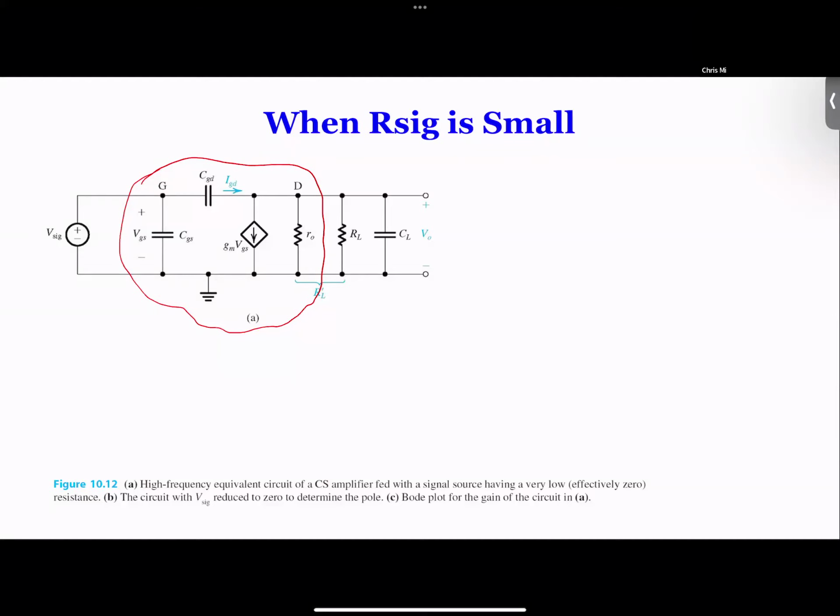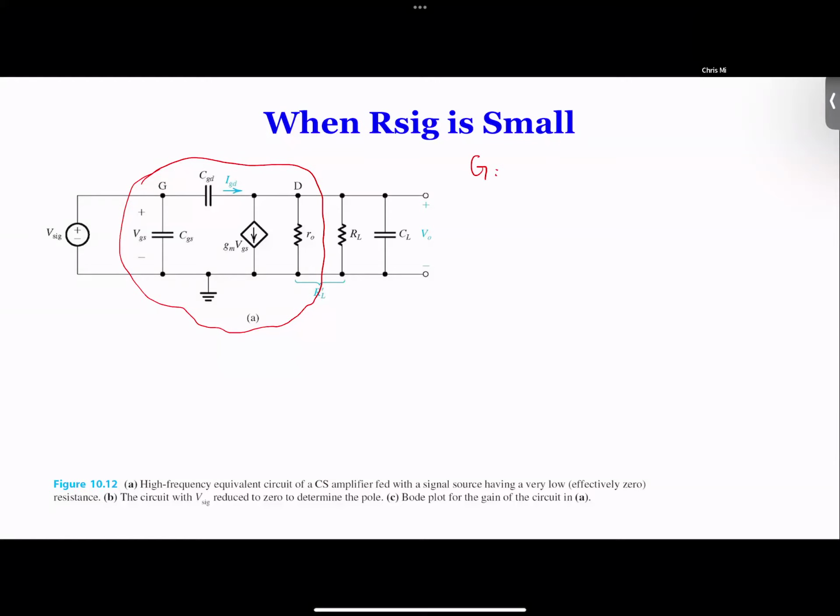So now you see we can write two equations. Again, the first step is understanding the small signal equivalent circuit, and then what's internal, what's external. Second step, understanding how to write the nodal equations. So let's write together on node G. Node G has three components.